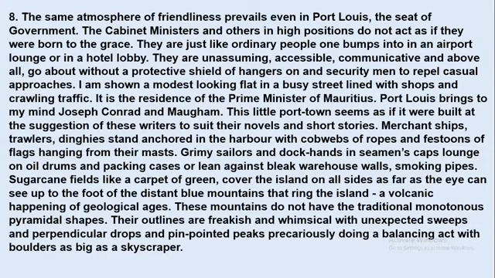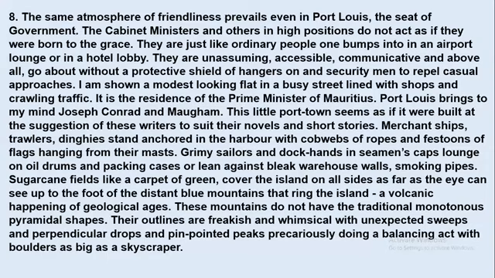Then he says that they also have a volcanic happening of geological ages. Then these mountains have traditional monotonous pyramidal shapes. They have different kinds of shapes. Monotonous means a single size and shape of pyramid-shaped mountains you can see in this Mauritius.